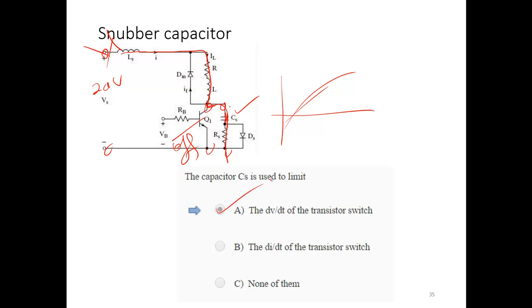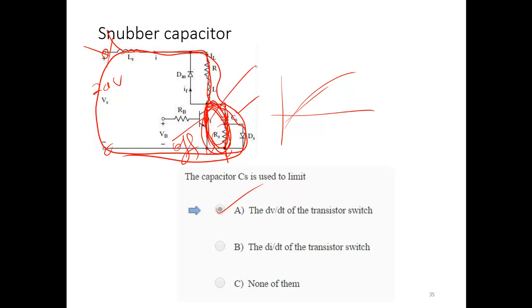Now you may ask what happened to this diode. When you're charging very quickly, you charge through this diode. When the capacitor is charged and the next time the transistor is on, the capacitor will discharge through that resistor, the discharge resistor. If you don't have this RS, the capacitor will discharge very quickly through the transistor.